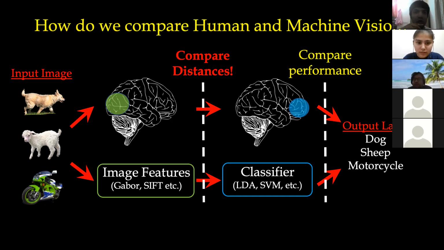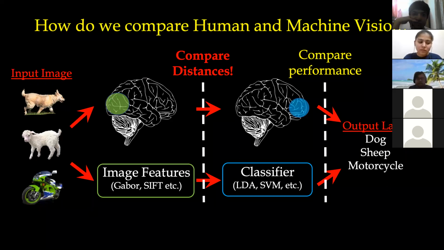Sorry, there was a question from the audience. Swaroop asks, how were the regions found in the human brain? Was it by studying any electric signals like EEG? Yes, these regions have been found by doing neurophysiological or electrophysiological recordings.